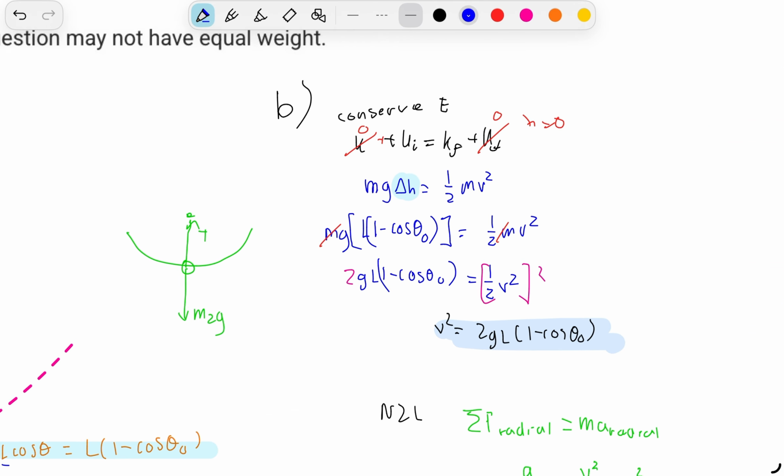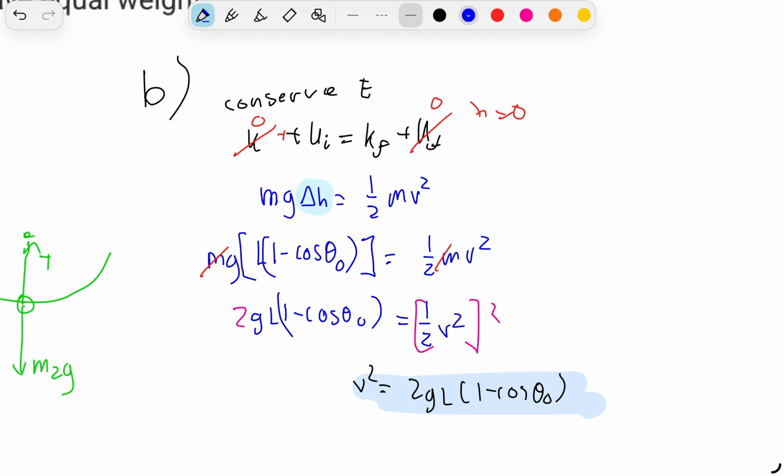Then we can write our conservation of energy equation here. On one side, we have our point where we're up, and on the other, the point where you're down at the minimum. Your initial kinetic energy is 0, and you have your U initial, and then K final, and U final is 0.